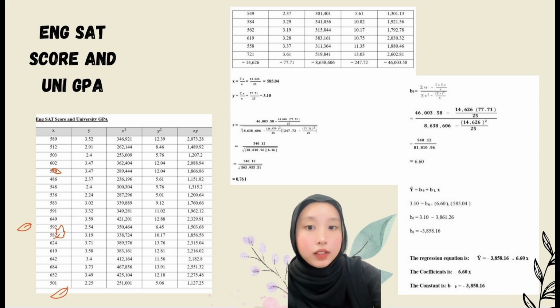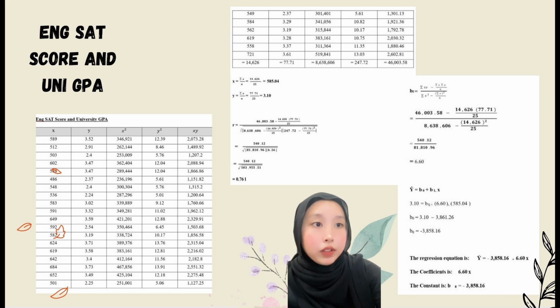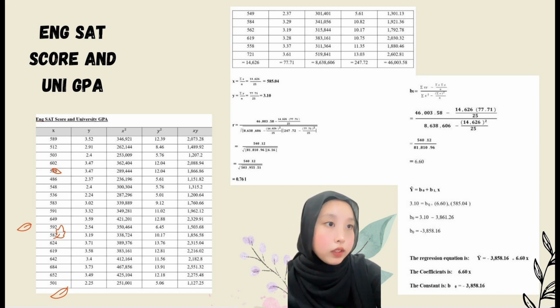Next, I need to find the English SAT score and Uni GPA. As you can see, I already list all that, just like Math SAT score and Uni GPA. The calculation is all the same, just the answer is different. For X̄ I got 585.04 and Ȳ 3.10, and for R 0.761, for B1 6.60, and for B0 negative 3858.16.